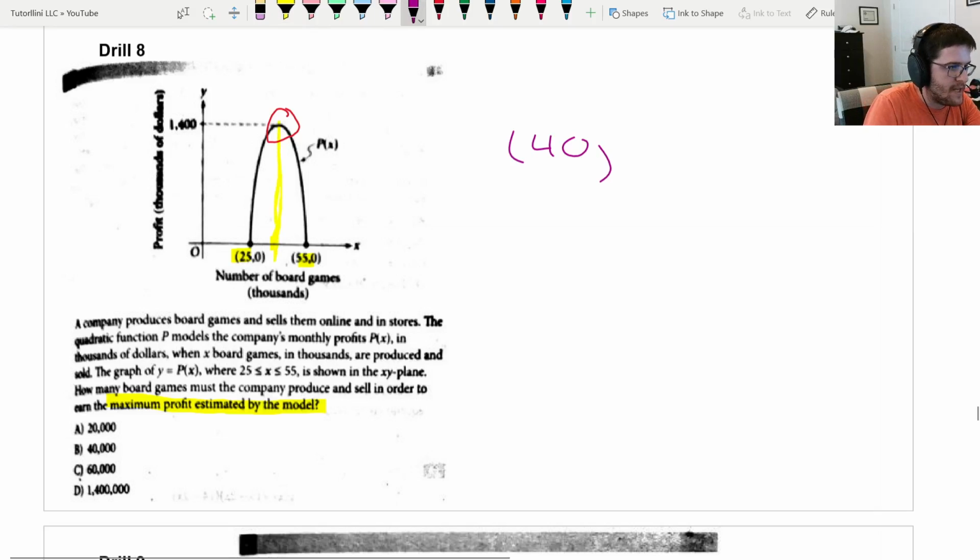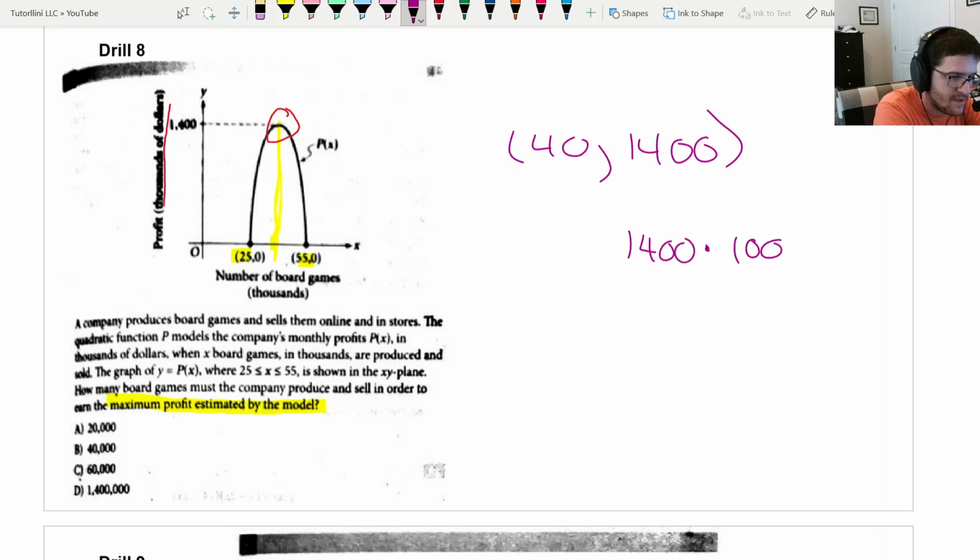And it tells us the y value is 1400. The profit is the y value, so it's 1400. But it says here it's in thousands of dollars, so it's actually 1400 times 1,000, which is 1,400,000.